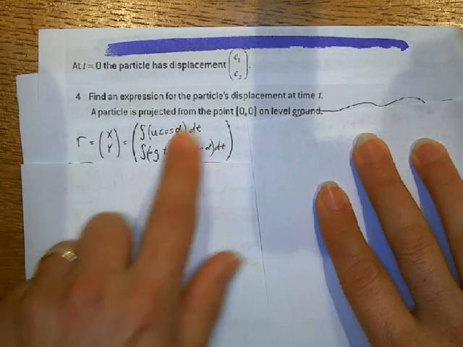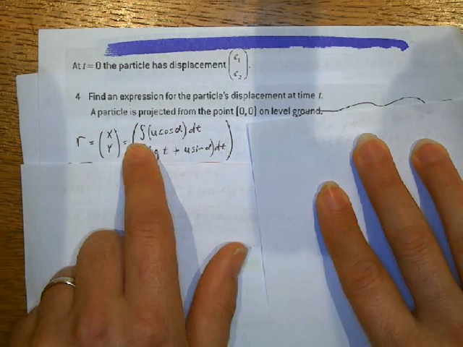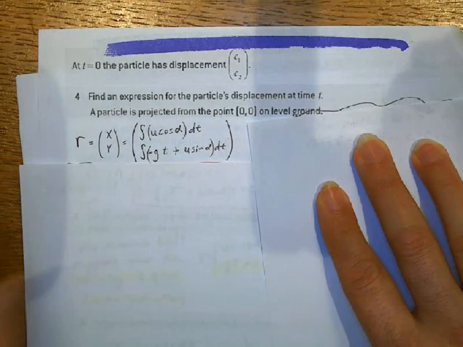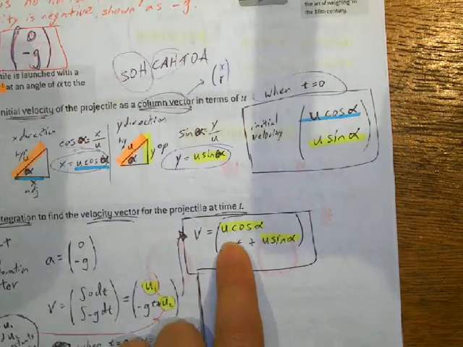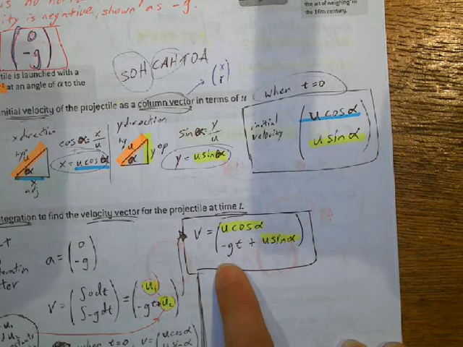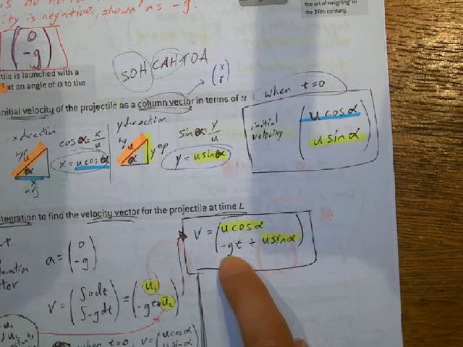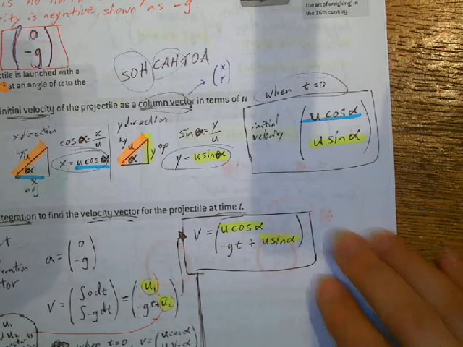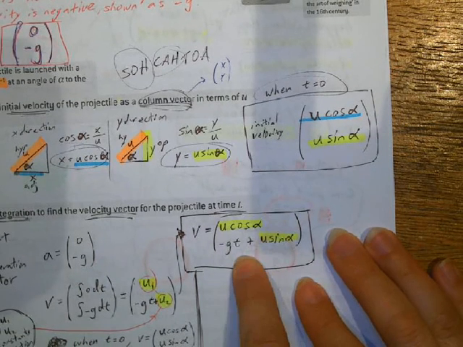So we have to do the antiderivative of our velocity vector. Okay, on the previous page, we found the velocity vector was u cosine alpha in the x component, and the y component is negative g times t plus u sine alpha. Okay, so I'm going to take the antiderivative of these.